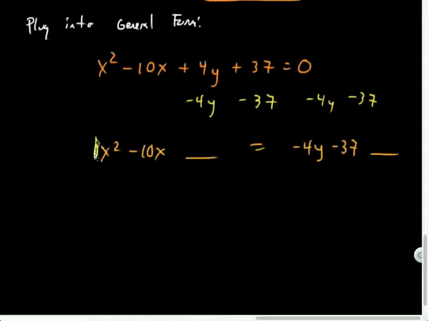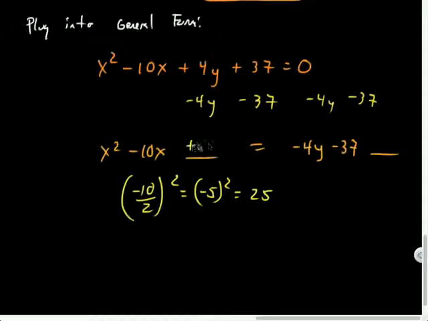I don't have a leading coefficient for the x, so I don't have to worry about factoring it out. I can jump right into completing the square. Negative 10 over 2 all squared is negative 5 squared. I hope we have become awesome at completing the square in the past week or two. Adding 25 right here is really adding 25, so let's also add 25 over here.